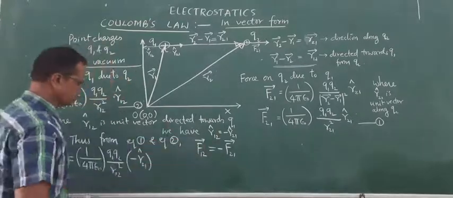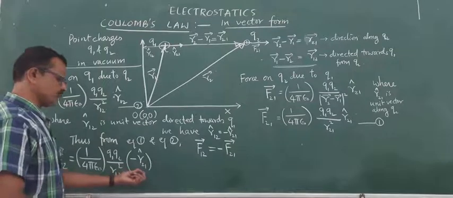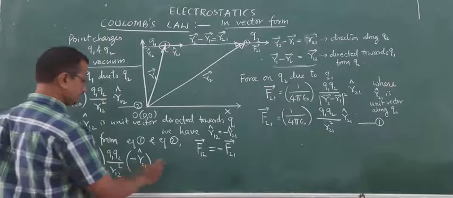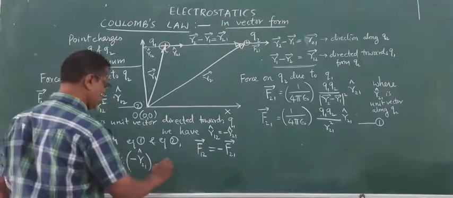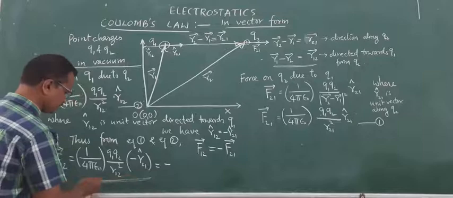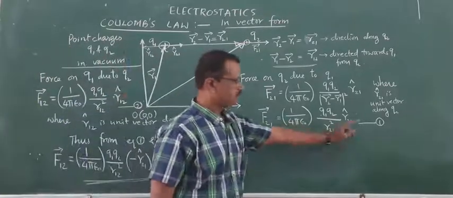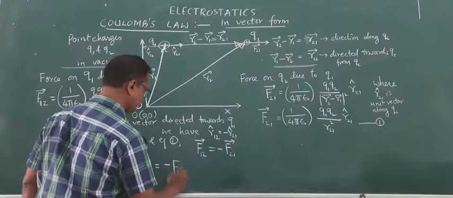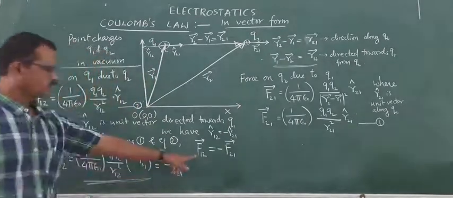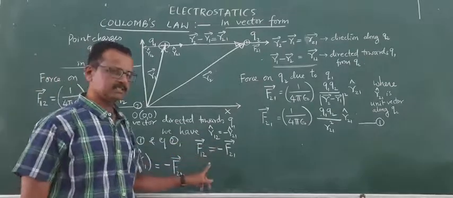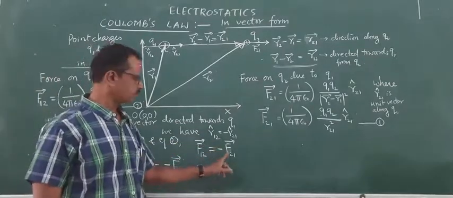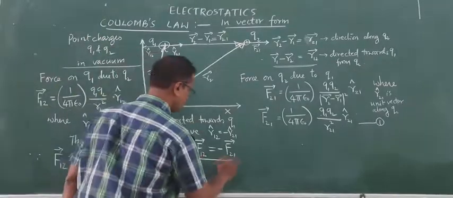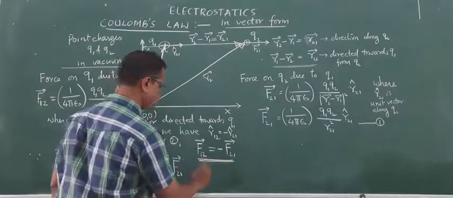When you substitute this minus R21 vector and take this minus sign, then this entire equation, is it not number 1, that is F12, becomes minus of F21. Thus, force on 1 due to the second charge is equal and opposite to force on 2 due to the first charge. Thus, this is also in accordance with Newton's third law.